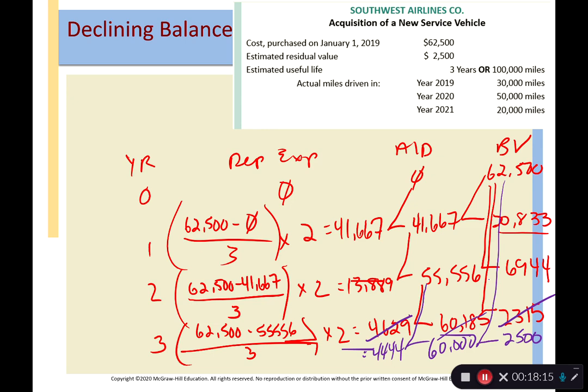So if I take 6,944 minus 2,500, that gives me the 4,444 I needed for year 3. So you could have just done that for year 3 without actually doing any of the calculation with the formula. This is only an issue for double declining balance because double declining balance is the only method that does not include the residual value in the formula.